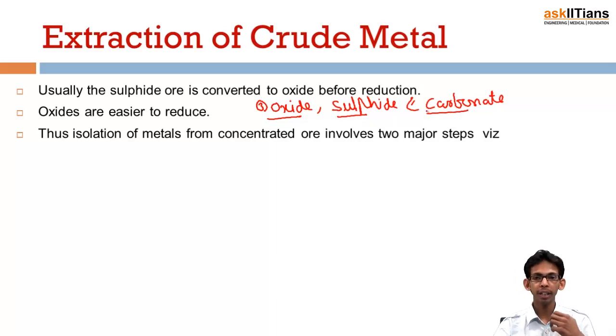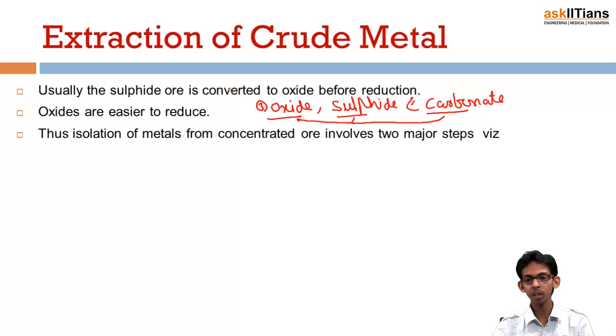So in order to make the process cost effective and easy, if we have sulfide and carbonate ores, we convert sulfide ore into oxide ore and carbonate ore into oxide ore. Once we have converted them, we can easily extract metal. So there are two extra steps.